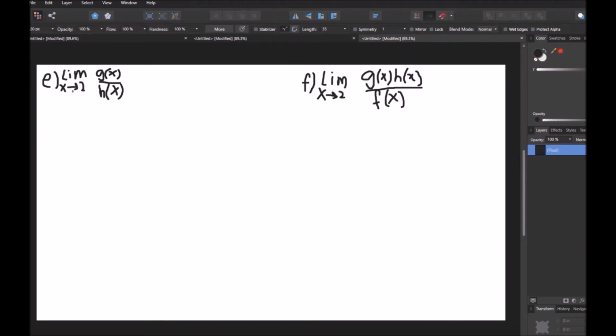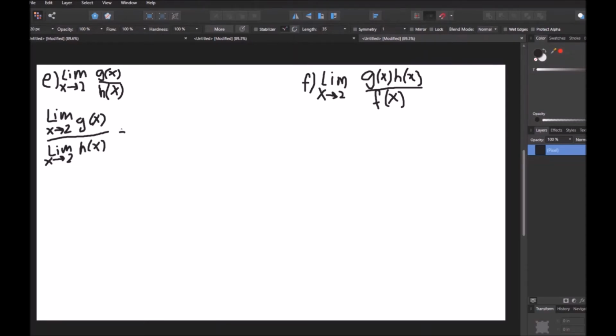And in this one, we have the limit as x approaches 2 of g of x over h of x. So I'm going to rewrite this as the limit as x approaches 2 of g of x over the limit as x approaches 2 of h of x.